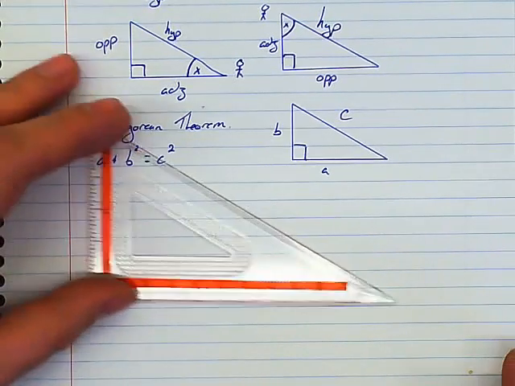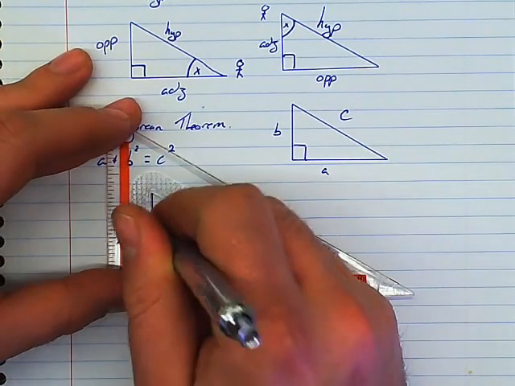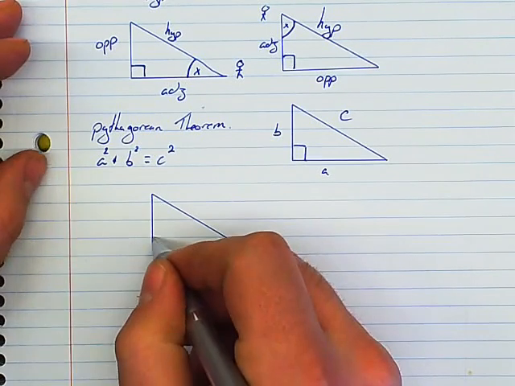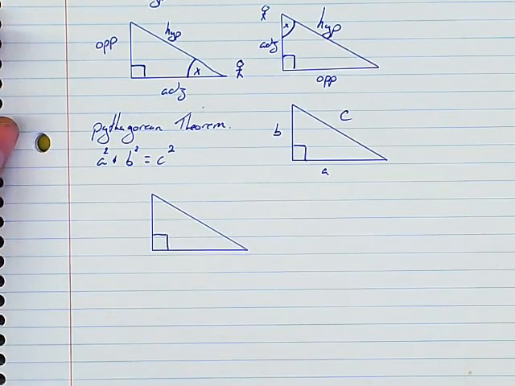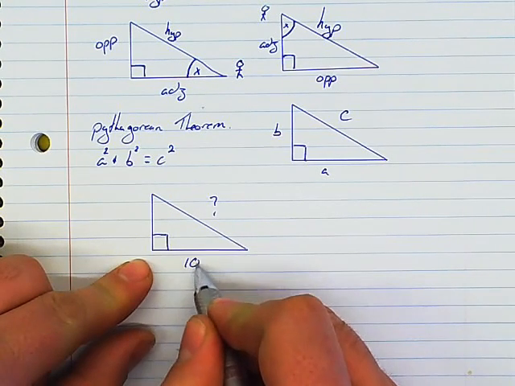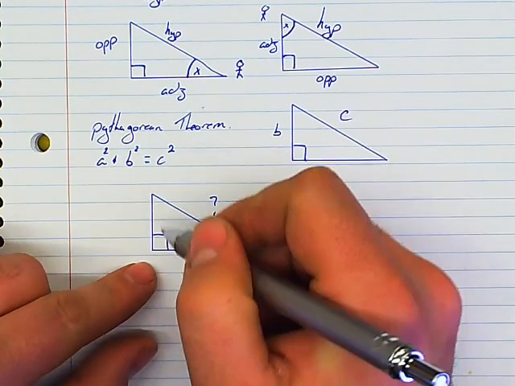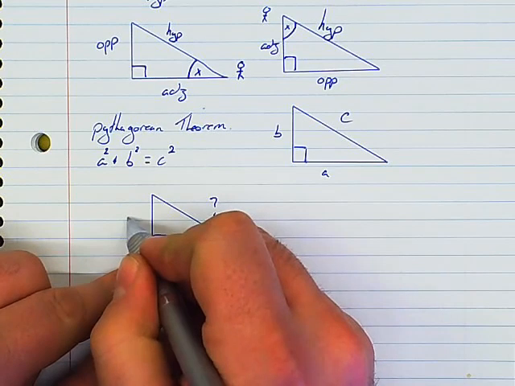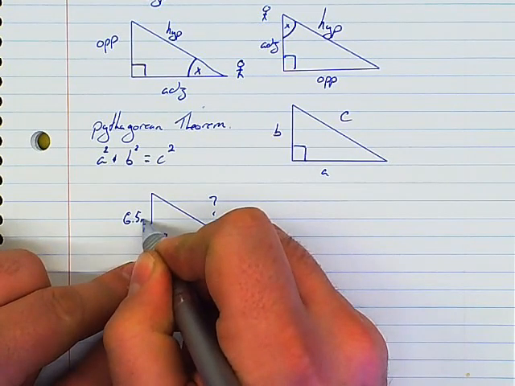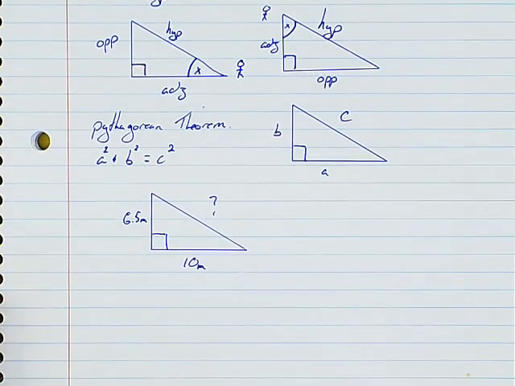Just a quick review for Pythagorean theorem, which will now make a lot more sense that we have chapter 4 more or less done under our belt, where if I'm trying to find side C, and I know my bottom length is 10 meters, my side length is, we'll say, 6.5 meters.